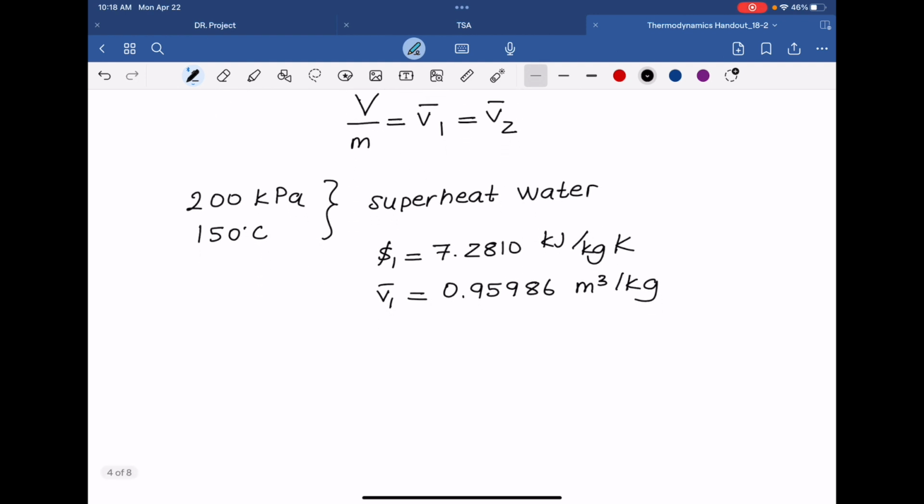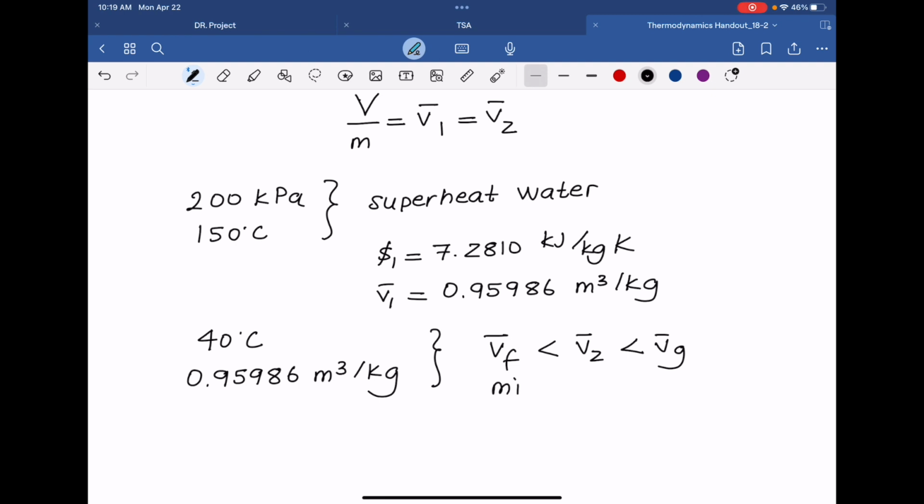What about the second state? Second state, we know the temperature, we know the specific volume because we explained why. It is the same. Therefore, when you look at 40 degrees Celsius, where do we locate this specific volume? It is in between Vf and Vg.